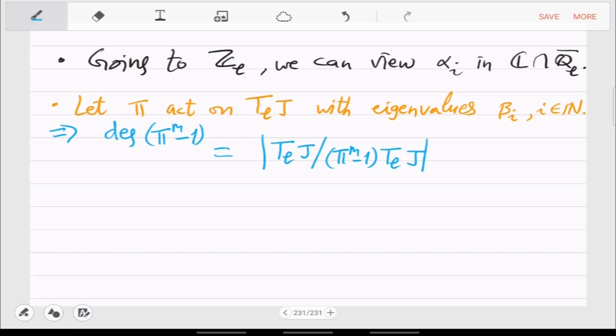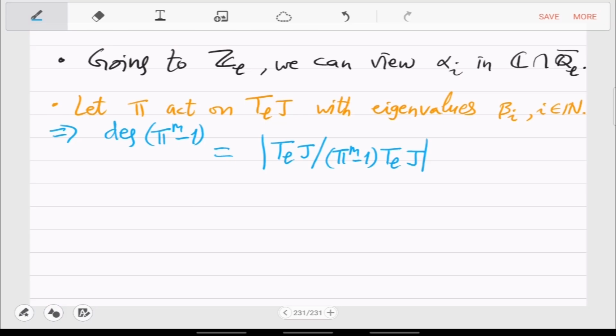The size of the kernel of pi^m - 1, or any alpha, the size of the kernel of alpha is essentially the vector space on which it is acting modulo the image of alpha, the size of that, right? Kernel size is basically equal to co-kernel size.